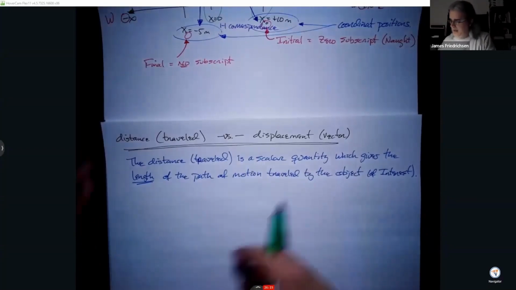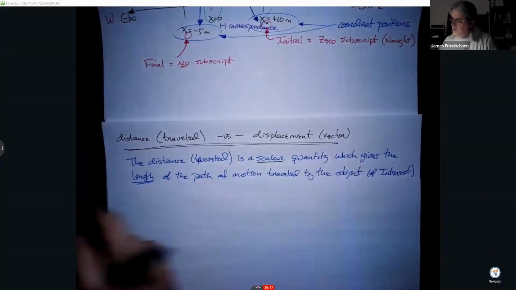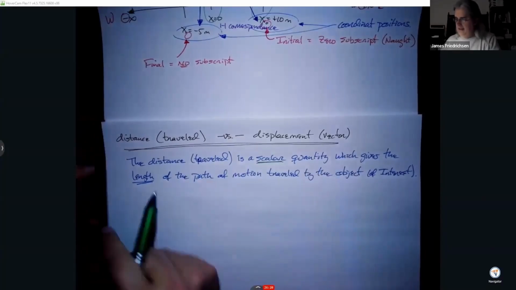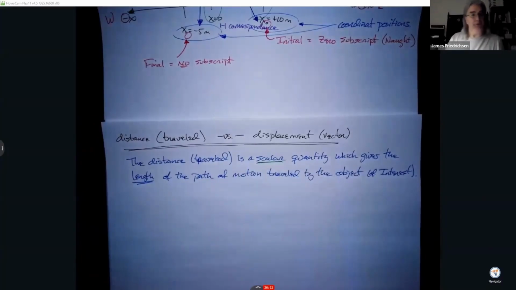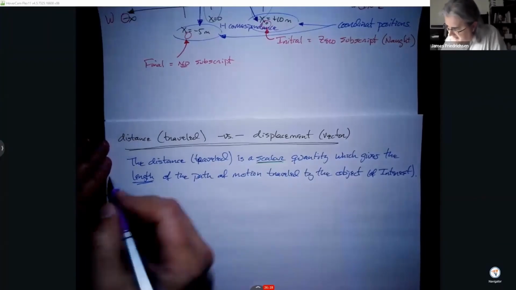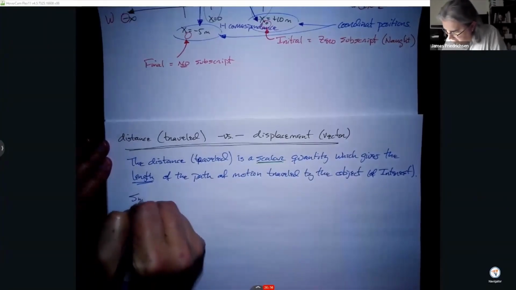So again, this is another scalar quantity, and it just basically tells us the length of the path of motion type of idea.